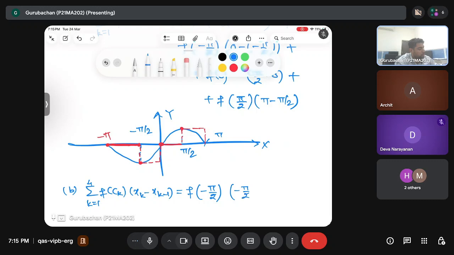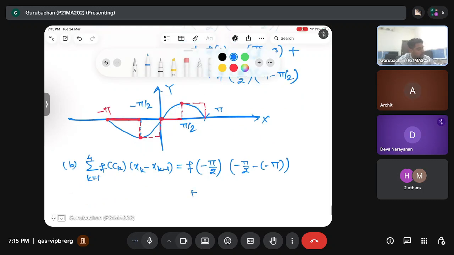Minus pi by 2 minus minus pi, that is pi by 2. Plus f of 0 times 0 minus minus pi by 2, that is pi by 2. Plus f of pi by 2 times pi minus pi by 2.